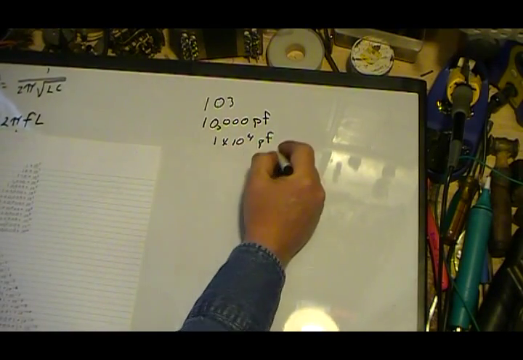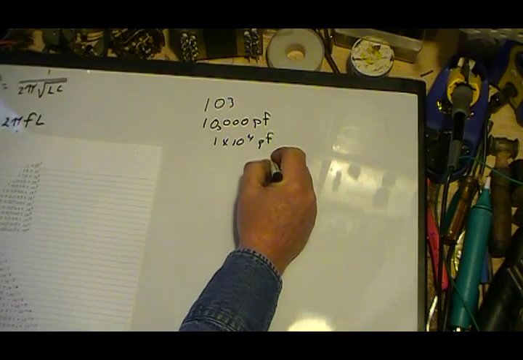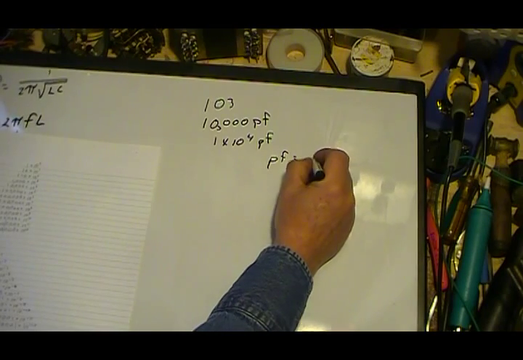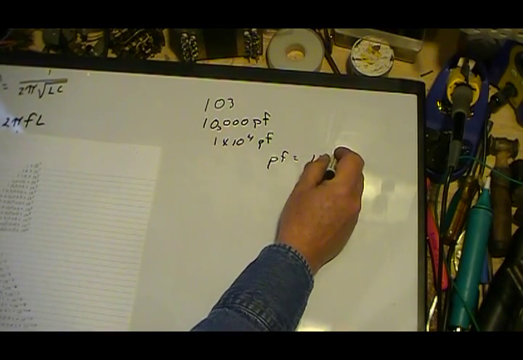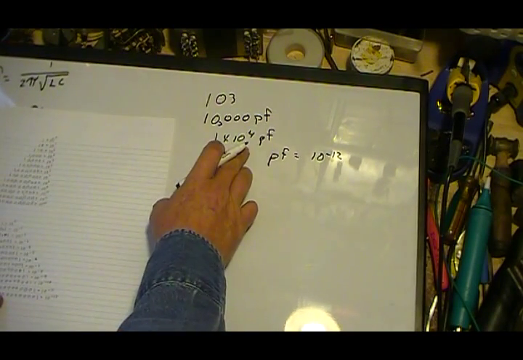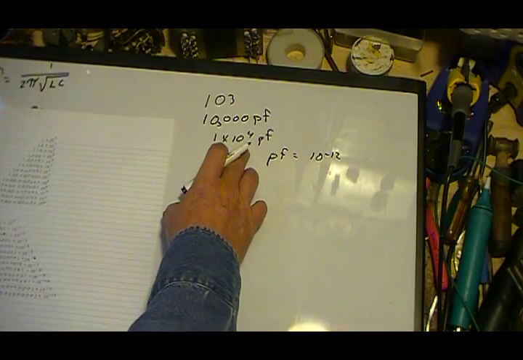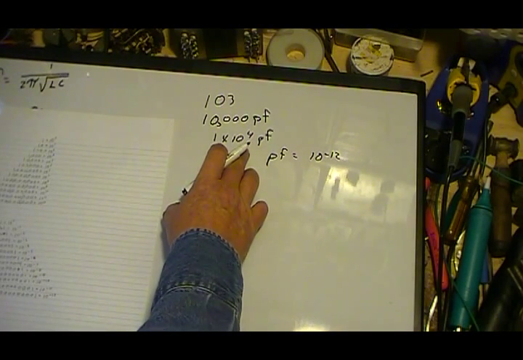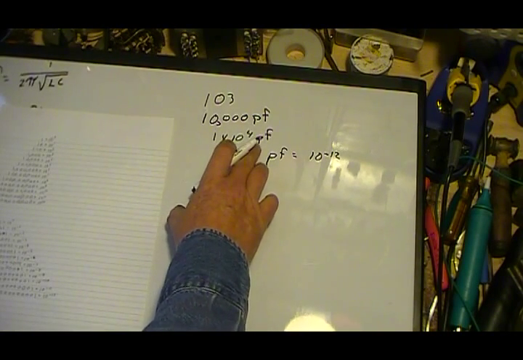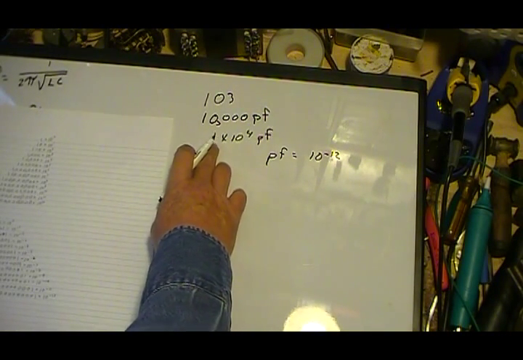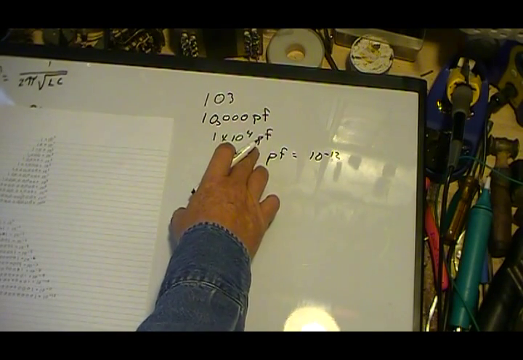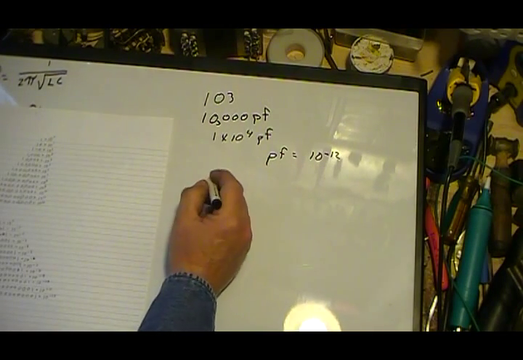Well, picofarads, we know, equals 10 to the minus 12th. So it's actually the same thing as 1 times 10 to the 4th times picofarads, or times 10 to the minus 12th.